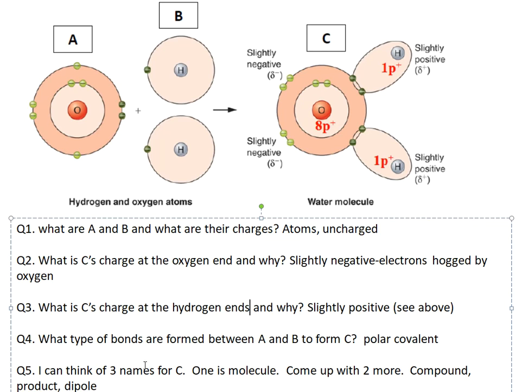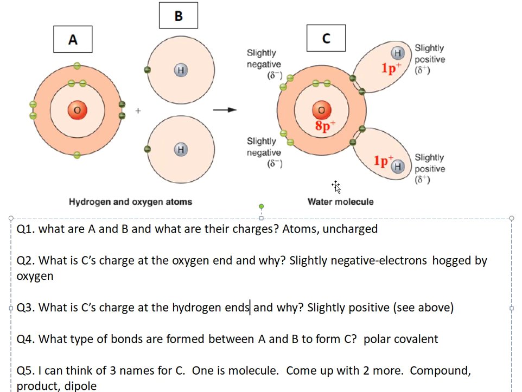I then asked you to come up with 3 names for this product here, C. And I said I can think of 3 names. One is a molecule, come up with two others. It is a molecule, but it is also a compound.